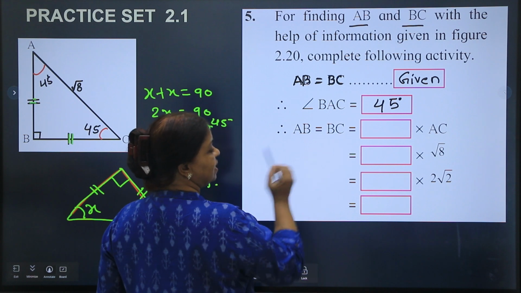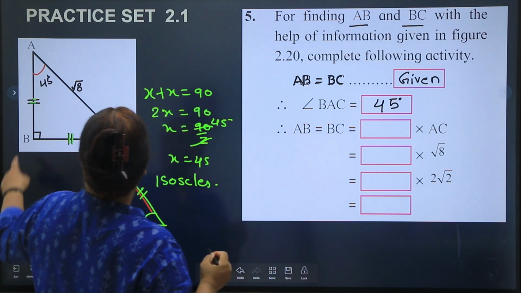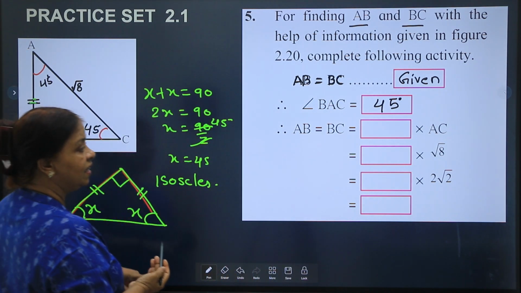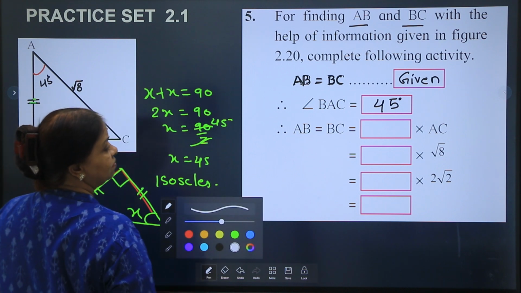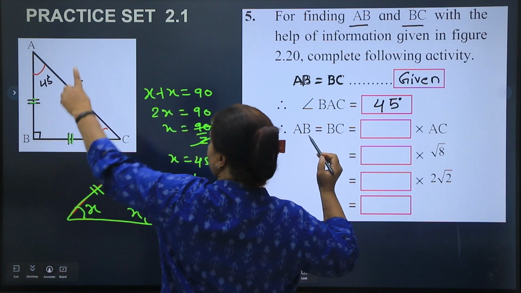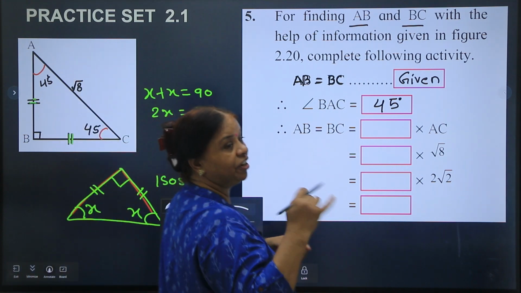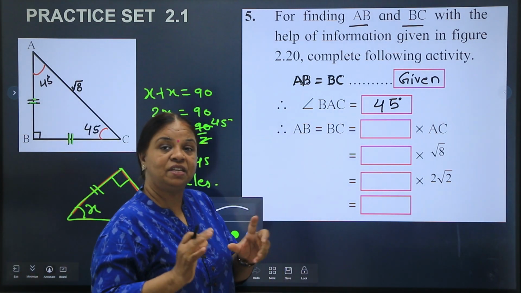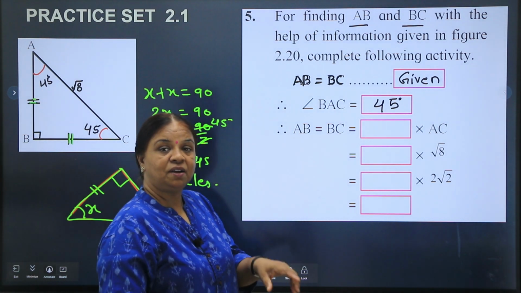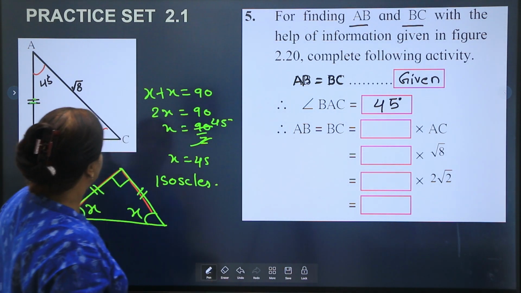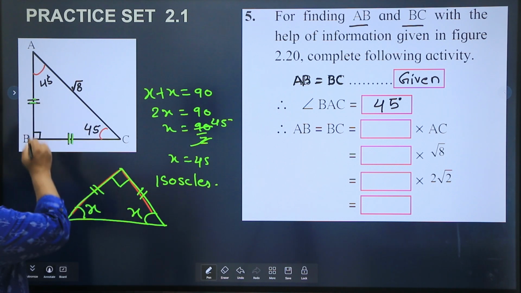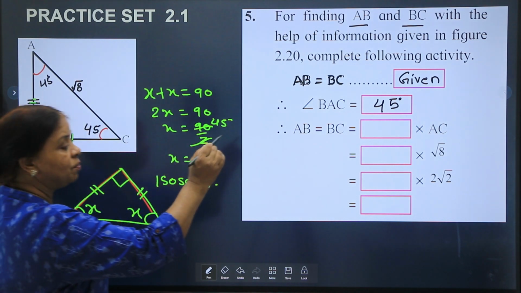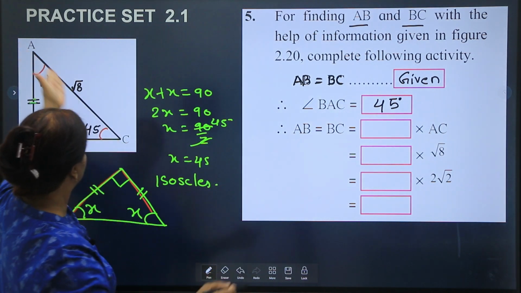AB is equal to BC. Why? It is not by the 45-45-90 theorem that AB is equal to BC; that is given. But by the 45-45-90 theorem, we can say AB is equal to BC is equal to 1 upon root 2 of the hypotenuse.